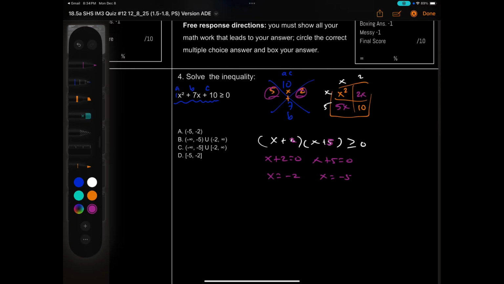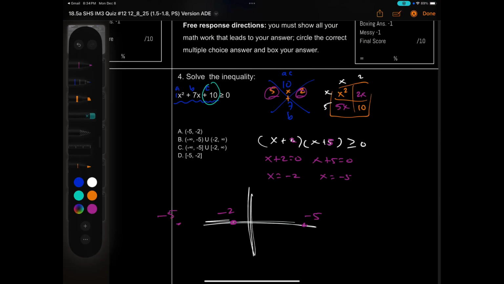Okay, so then here, I'm just going to draw a quick graph. And notice that these two numbers, -2, this is -5, y-intercept of 10. Oops, it should have been both on the negative side.